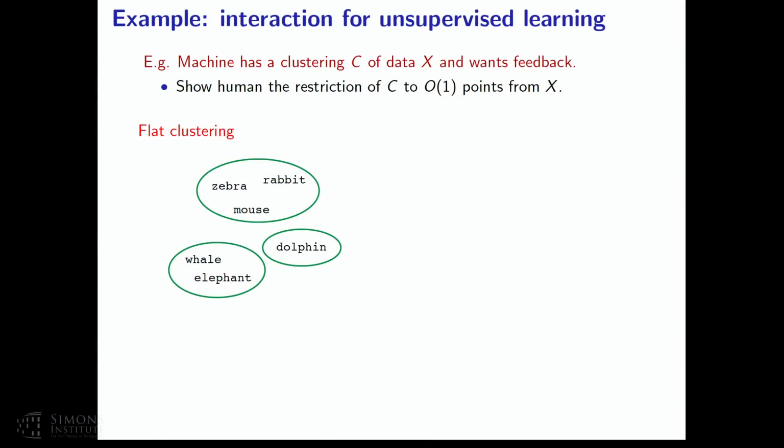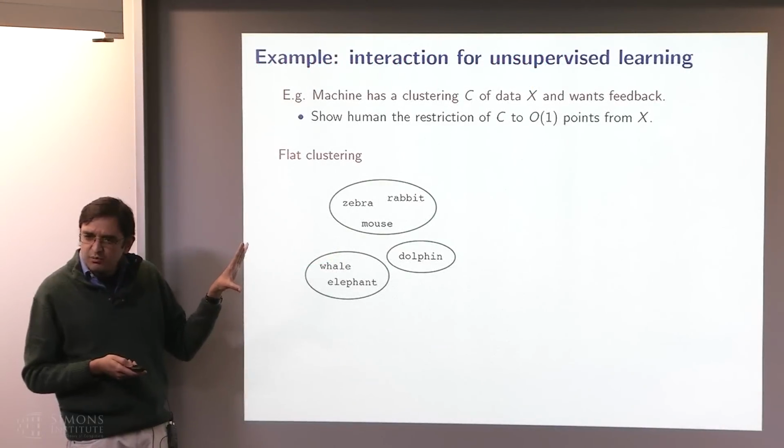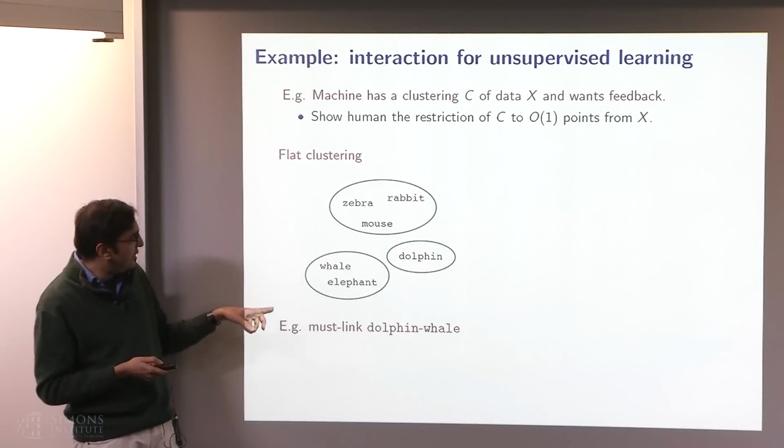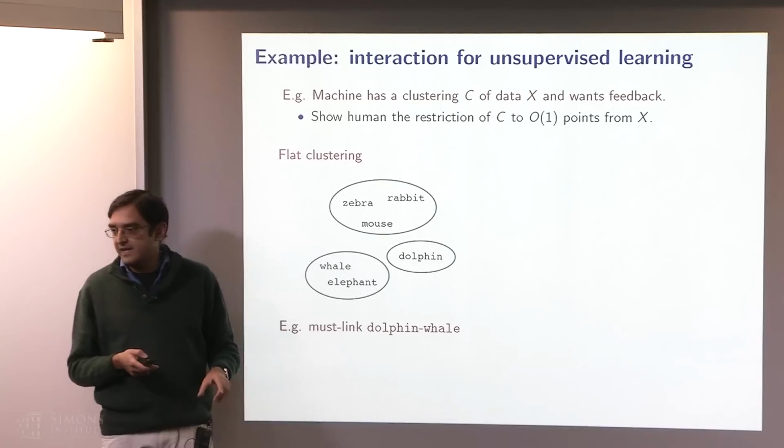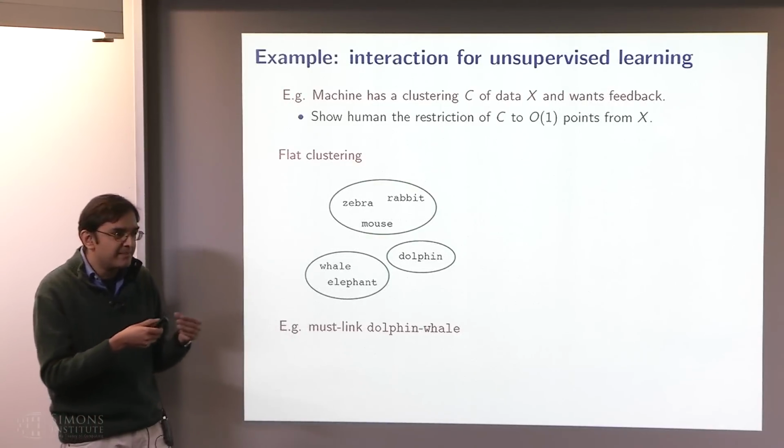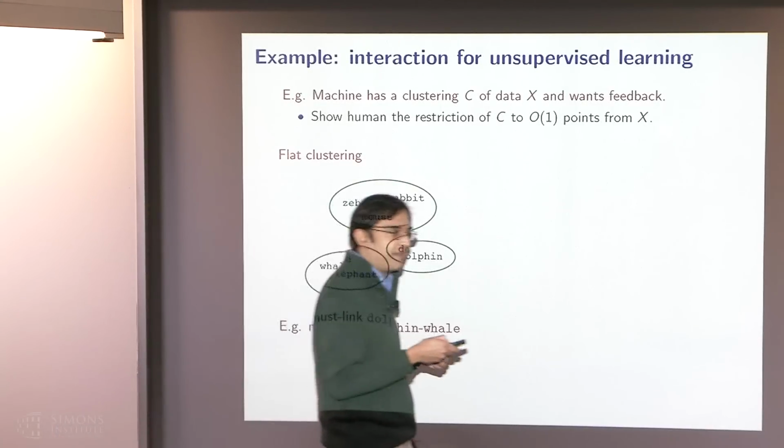Here's what the clustering looks like, limited to just 6 points. What do you think about this? And then the human says, it doesn't look quite right. I don't know exactly how to pinpoint what's wrong with it, but one thing I can definitely tell you is that dolphin and whale have to be together, something like that. So you get this simple feedback, a simple constraint of that form.